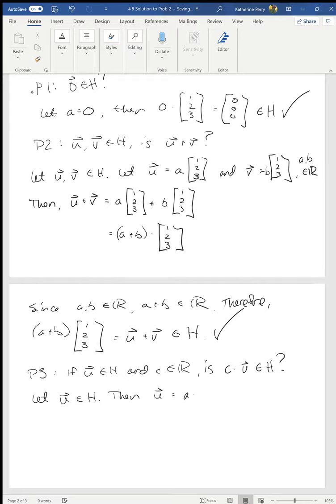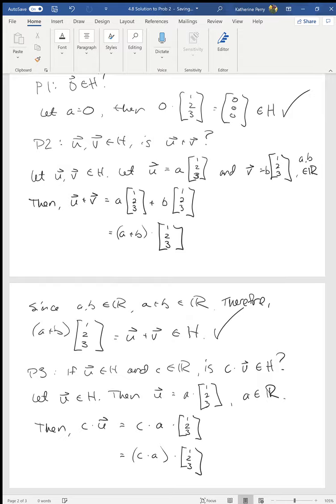U is equal to A times the vector 1, 2, 3, where A is some real number. And then I get that C times U is equal to C times A times the vector 1, 2, 3. And because of associativity, I can write this as C times A times 1, 2, 3.